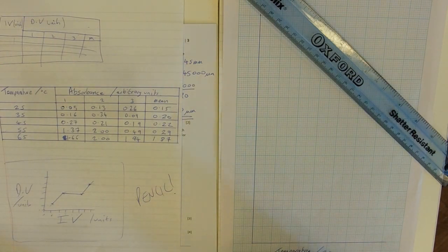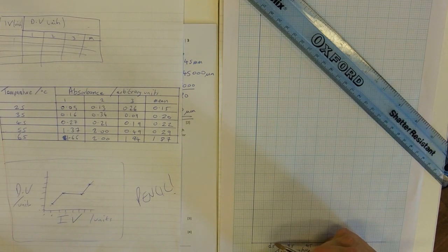And I'm choosing to do 25, 35, 45, 55, 65. I could do this as 20, 30, 40, 50, 60 and so on, but it's still a regular scale.